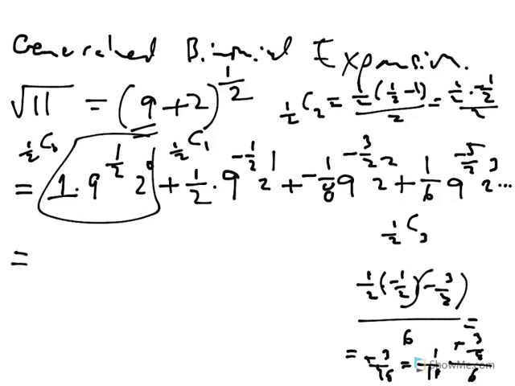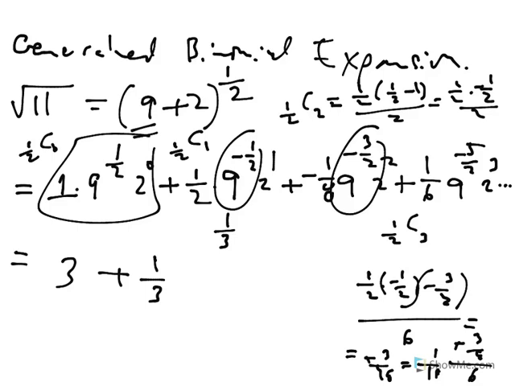9 to the 1/2 is 3, so this first term is just 3. 9 to the negative 1/2 is 1/3, so 1/2 times 1/3 times 2 is just 1/3. 9 to the negative 3/2, recall that 9 to the negative 3/2 is 1 over 9 to the 3/2, but 9 to the 3/2 is the square root of 9, and then raised to the 3rd power.